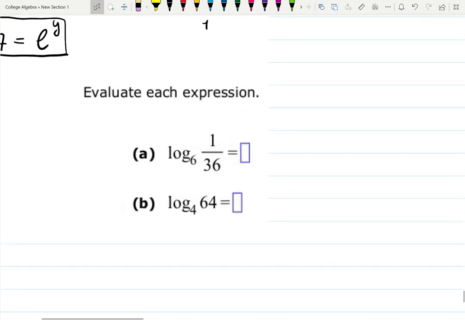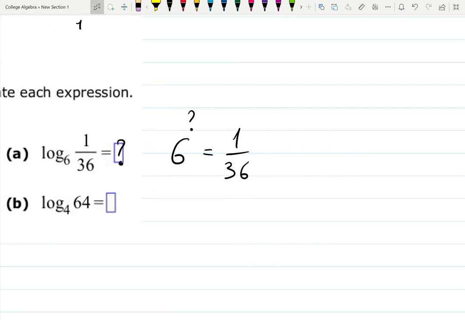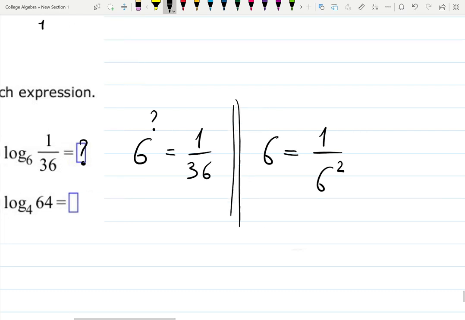Now, what is happening over here? Here they want you to understand the idea of logarithm, or also the definition of it. So I always teach it this way, in kind of a funny way. What is logarithm base 6 of 1 over 36? Well, you ask yourself, 6 to what exponent gave me 1 over 36? That's like a nice game or a puzzle. If you don't know this answer, then maybe rewrite 1 over 36 as 1 over 6 squared.